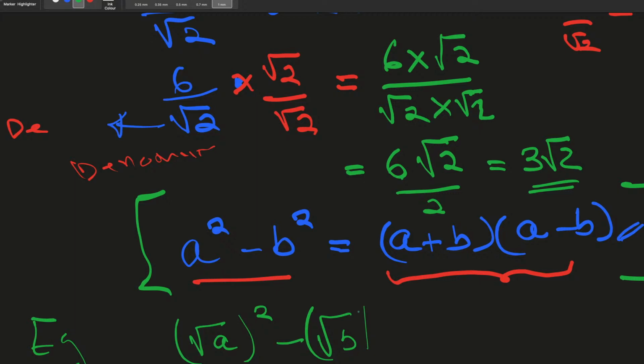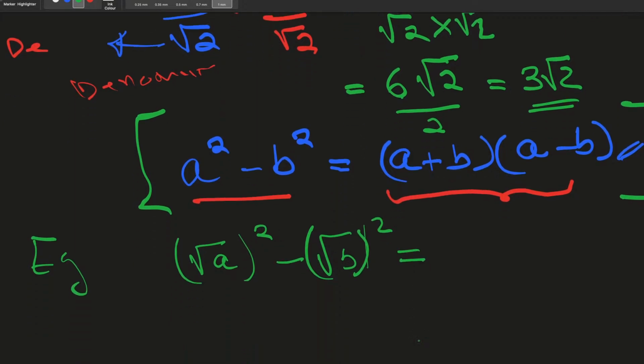When you see something like that, all you have to do is use the same equation we have over here. So our first one will be root a plus root b, then this will be root a minus root b.